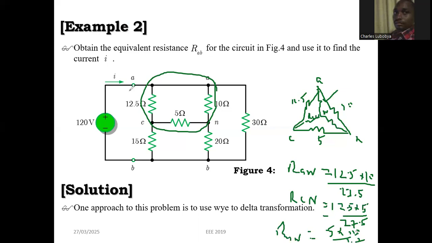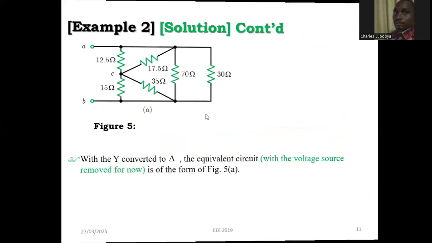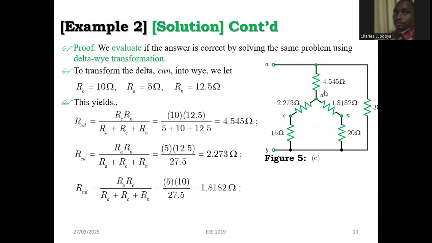So when you do this, you are going to get the following values as shown in this diagram. So you'll have reduced that delta circuit to the star equivalent of this, and another one, that resistor, that resistor.